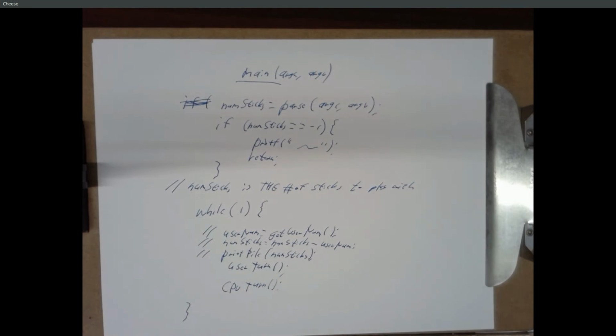And I still need a way to exit, but I could have user turn return a flag. If it returns 1, the game is still going. If it returns 0, the game is over. So now I could say if user turn equals 0, print good game, you won, return. If 0 equals CPU turn, print I won, goodbye, return.